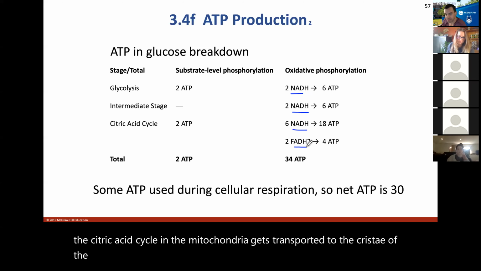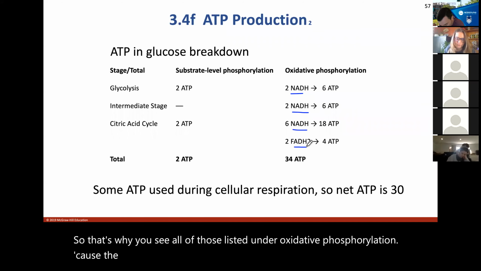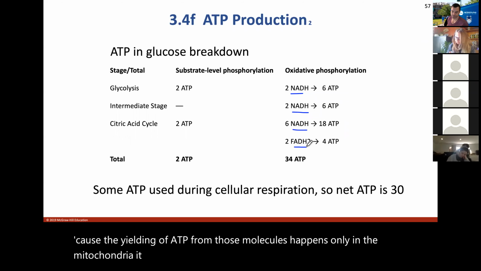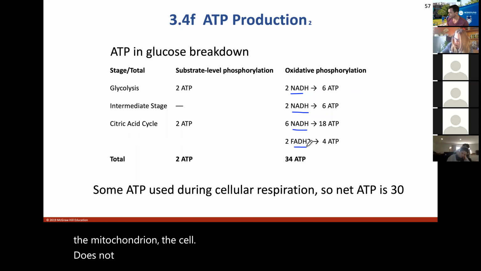And same thing here. So that's why you see all of those listed under oxidative phosphorylation. Because the yielding of ATP from those molecules happens only in the mitochondria. It doesn't happen outside of the mitochondria in the cell. Does not happen.